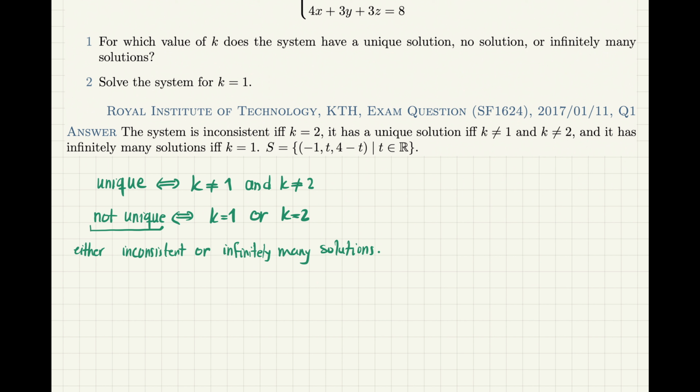So this becomes equivalent to saying that k is equal to 1 or k is equal to 2. But of course we don't know which one is which. Might be both of them give rise to an inconsistent system, or one of them gives rise to an inconsistent system and the other one gives rise to a system with infinitely many solutions. We need to discover this.